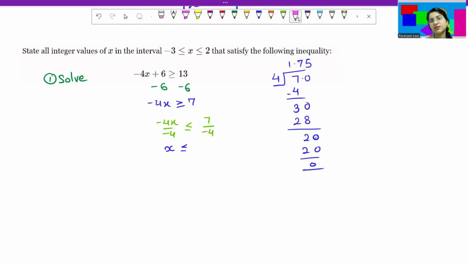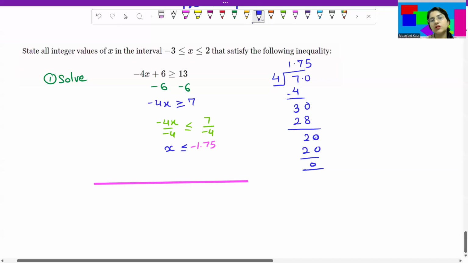Is it positive? Is it negative? It's negative. Negative 1.75. So on the number line, now they are talking about negative 3 to 2.